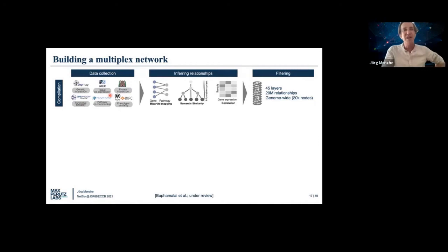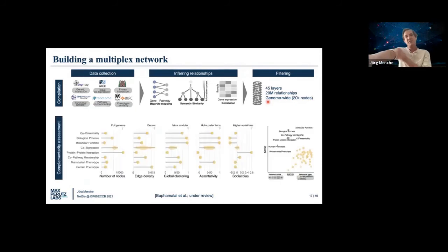A PhD student in my group, Pamela, made an incredible effort and test of will to collect a wide range of data sets, to curate them, to find the most appropriate way of mapping this or that data set to extract gene-gene relationships, finally resulting in 45 of these gene-gene interaction layers and more than 20 million relationships between them.